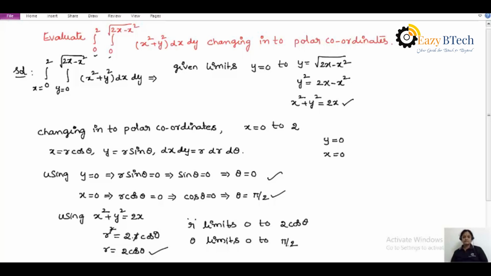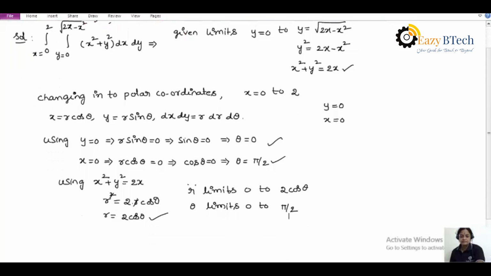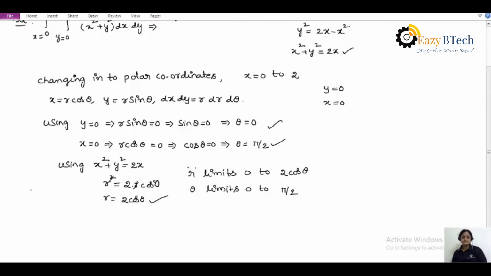Okay, and in the given question the integrand term is x square plus y square dx dy. Then you have to change that integrand term also by using the substitutions. So at first I am writing the limits. Integral r is equal to 0 to 2 cos theta and theta is equal to 0 to pi by 2. Then x square plus y square is nothing but r square, and dx dy is r dr d theta.